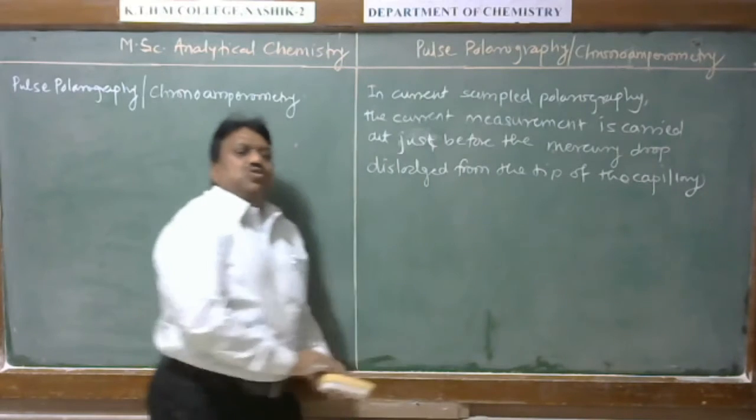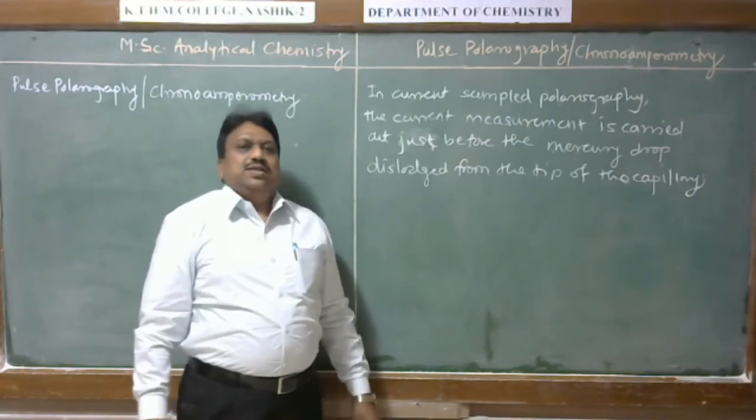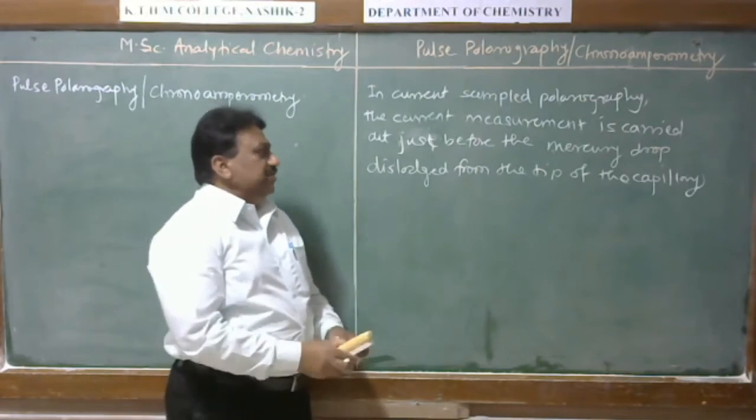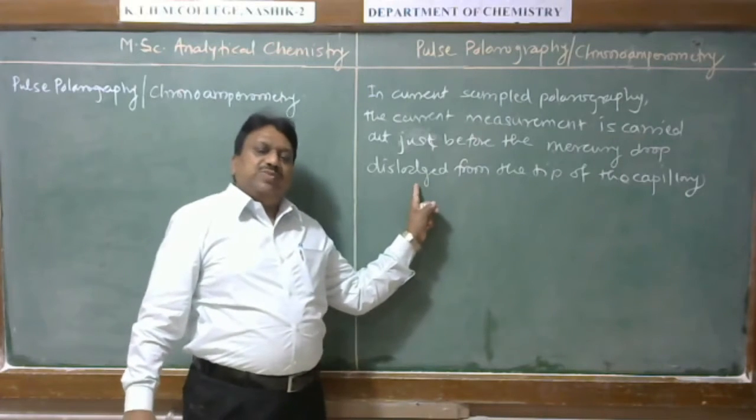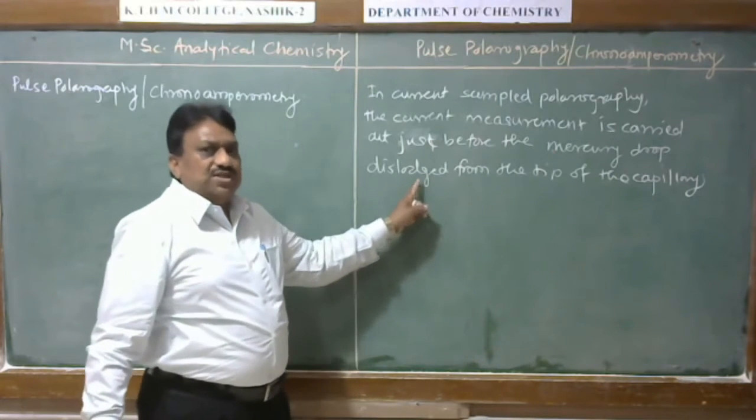An electronic circuit knows exactly the drop time, and therefore measurement is possible just before the mercury drop falls in the solution.